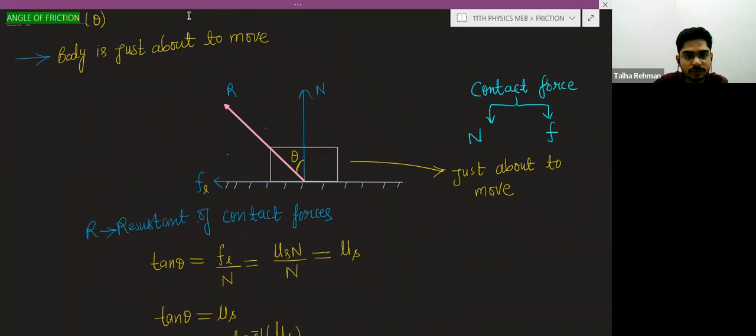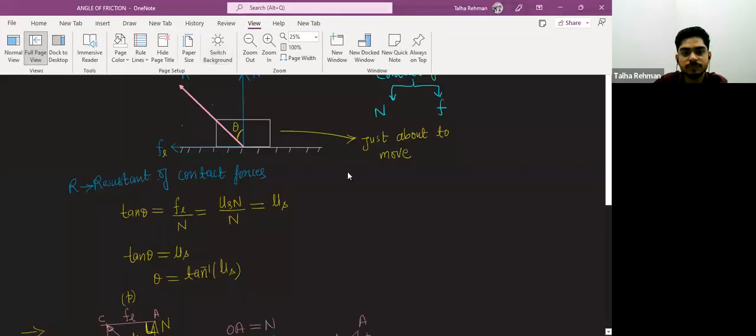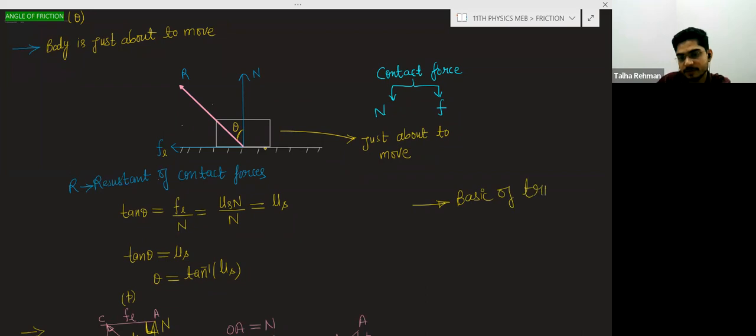Write down. So basic knowledge of vectors and basic knowledge of triangles you should have. Basic knowledge of trigonometry you should have. Write down: basics of trigonometry.